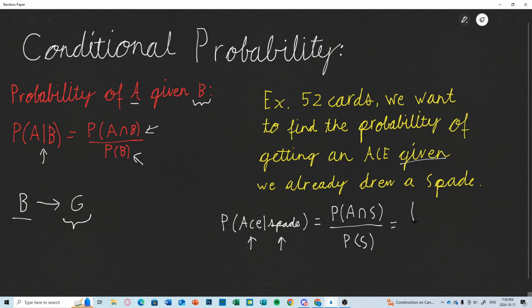At the top we'll have ace and spade, and there's only one of those in our deck, because we have 4 aces: 1 heart, 1 diamond, 1 spade, and 1 club. So 1 over 52 divided by our probability of a spade, which is 13 over 52, gives us 1 over 13. So the probability of an ace, given that we already drew a spade, is 1 over 13.